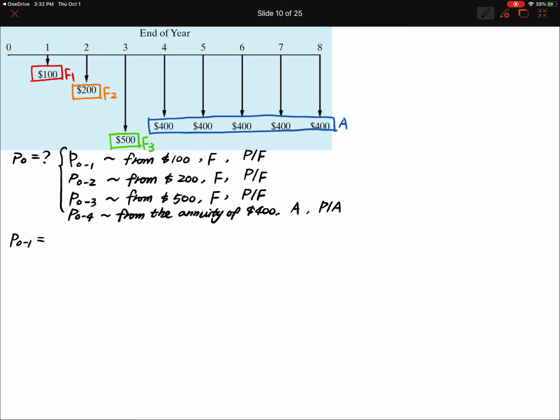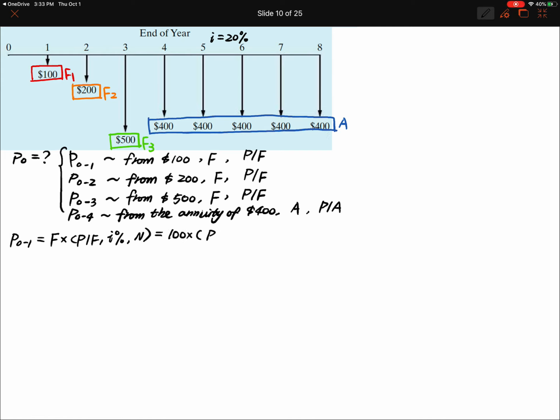So the first part is from the 100. So the equation you're going to use is F times P given F, I% and N. And I is 20%. Okay?